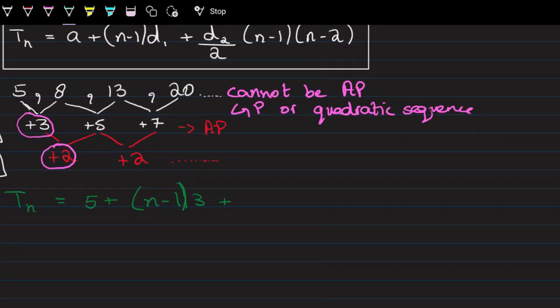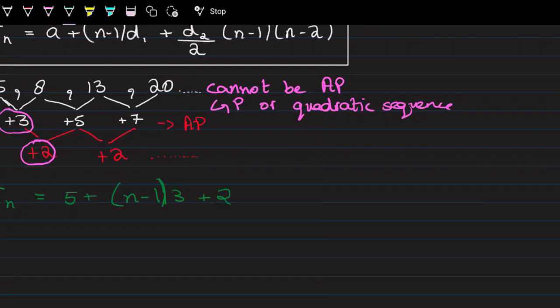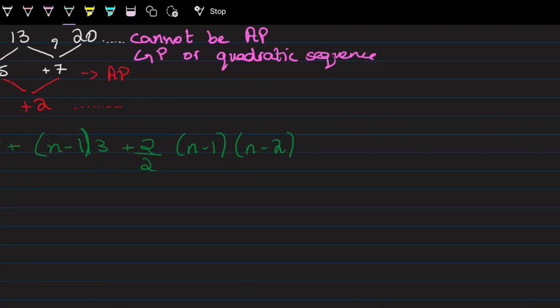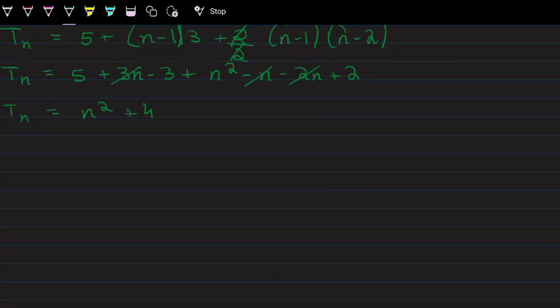And then the second difference should be constant, because anything beyond that is not in our syllabus. So d2 is 2 over 2 into n minus 1 into n minus 2, right? And so now let's just start simplifying stuff, cancelling stuff.